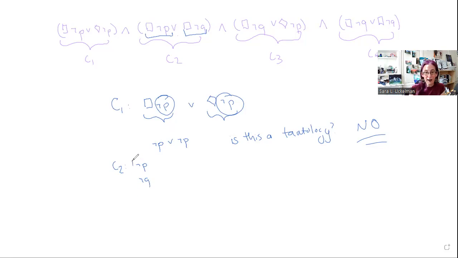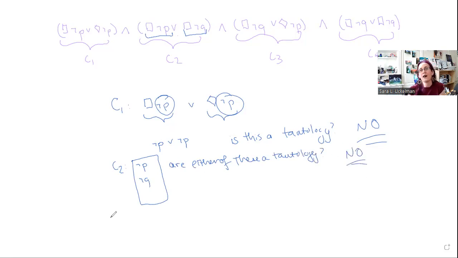So for conjunct 2, we just look at not P and not Q and ask, are either of these a tautology? And guess what? No, because no atom is a tautology. So conjunct 2 also fails the test.